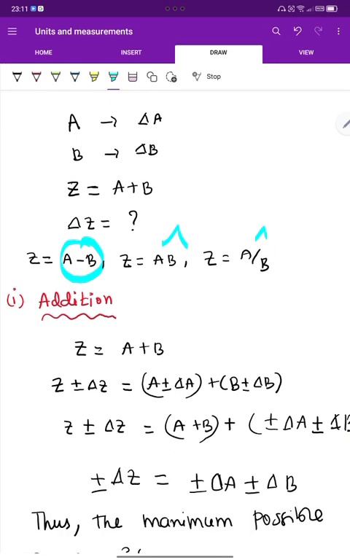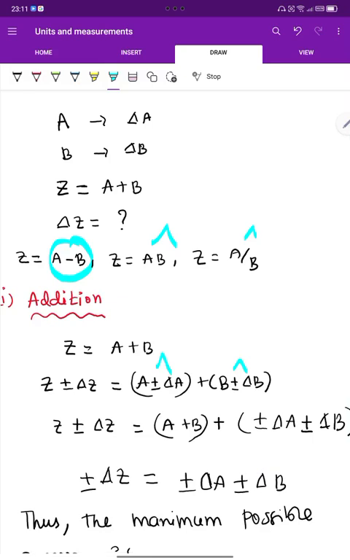Now you see, I am writing Z with error as Z plus or minus delta Z, A as A plus or minus delta A, and B as B plus or minus delta B. I am just rearranging the right hand side this way: A plus B, and plus the addition of these two errors. Now Z and A plus B can be cancelled.